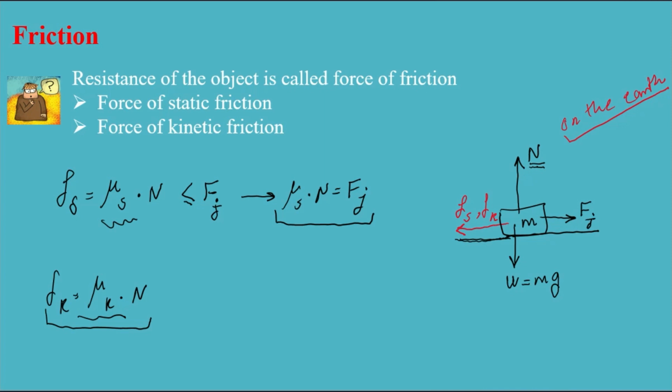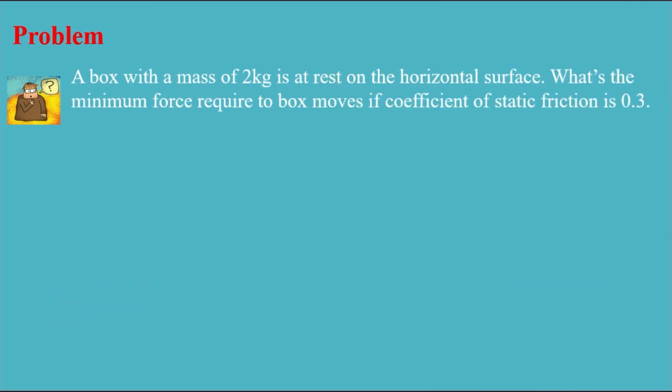Now let me solve a simple example for you to make it more clear. So here I have a box with a mass of 2 kilograms, at rest on a horizontal surface. What is the minimum force required to move the box if the coefficient of static friction is 0.3? So here it doesn't mention which direction the box is going to move.